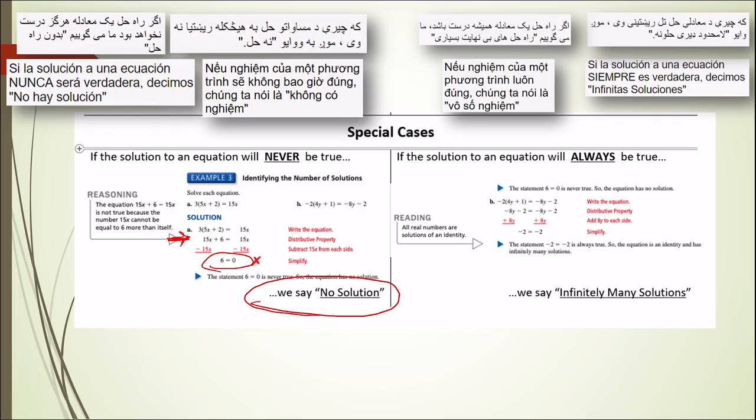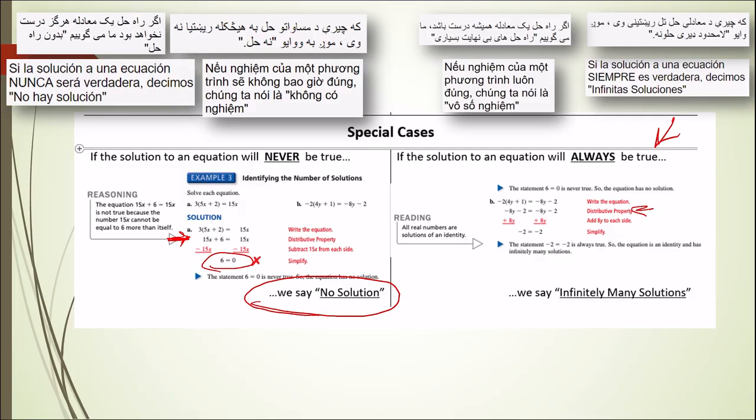Now sometimes we get something that's a little different, so let's look over here. If the solution of an equation will always be true, well, let's go through this one and see what happened here. When we did our multiplication, we got -8y minus 2 equals -8y minus 2.